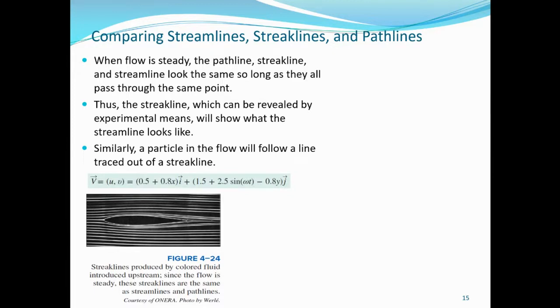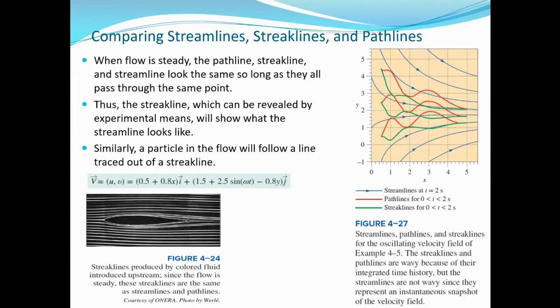Okay? So this is an example of a velocity field that is unsteady. It is unsteady flow because you have t; the velocity is a function of t, hence it is not steady flow. In this case, you have the streamlines, path lines, and streak lines oscillating.